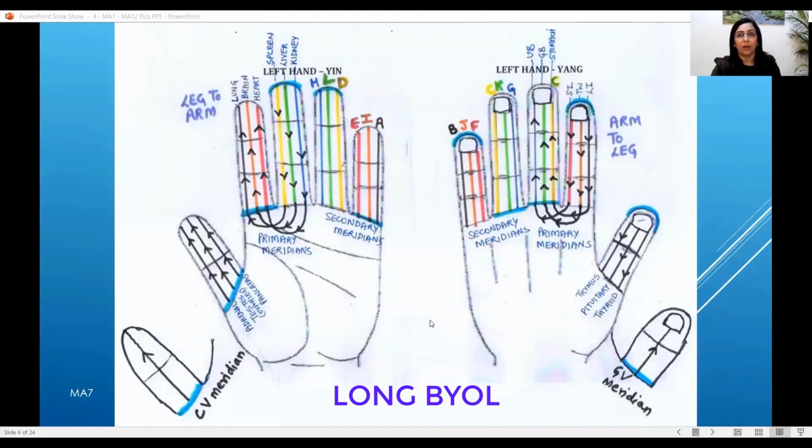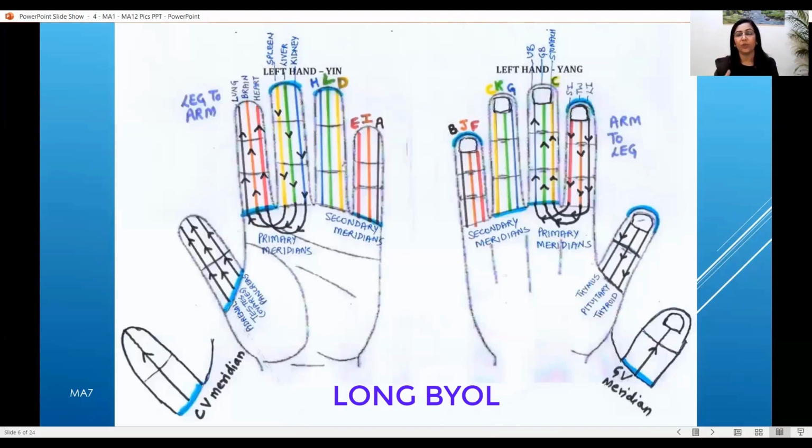Similarly, when you see on the yang side, the large intestine meridian is forming a long Byol with the stomach meridian. And the triple warmer meridian is forming a long Byol with the central meridian, which is the gallbladder meridian. And the small intestine meridian is forming a long Byol with the urinary bladder meridian.